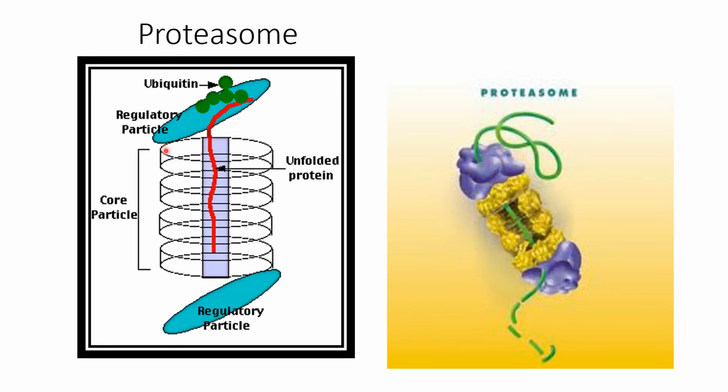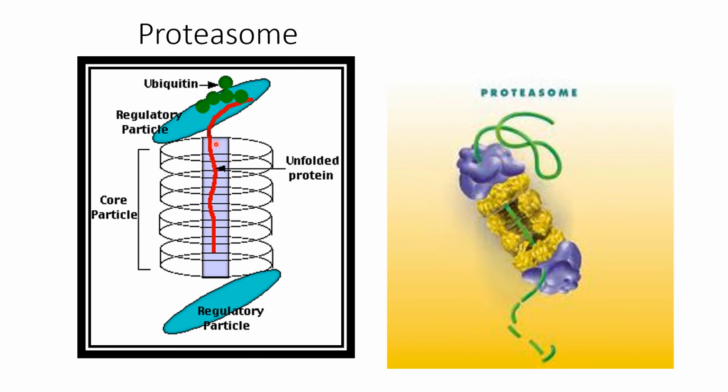Here is the proteasome. The core is formed of 4 rings. I have a regulatory particle, upper one and lower one. The upper one is going to be opened when the ubiquitin molecule is attached to an abnormal protein, unfolded or containing abnormal amino acids, and opening of this regulatory particle needs energy.